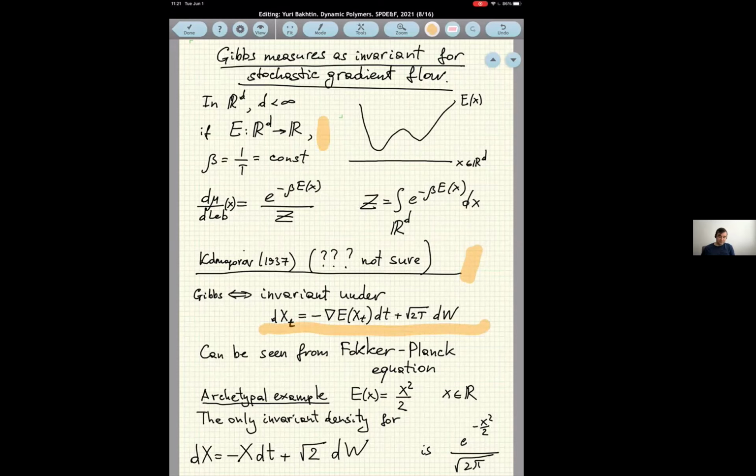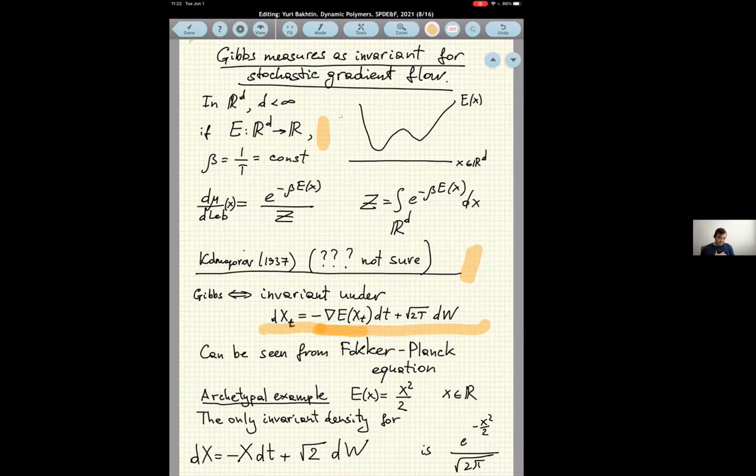The drift here is given by the minus gradient of the energy, and there is elliptic additive noise with constant diffusion term that depends on the temperature. In a sense, this is not a hard result. It follows from the Fokker-Planck equation, although you really have to work a little more to establish this.